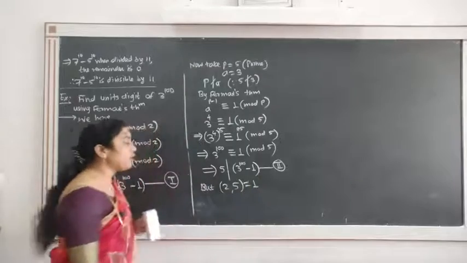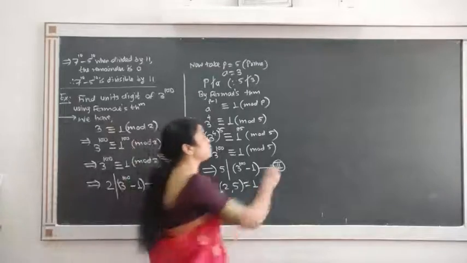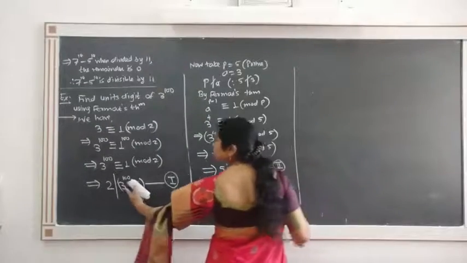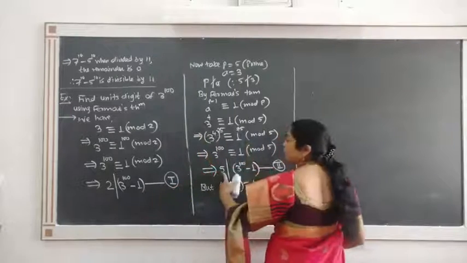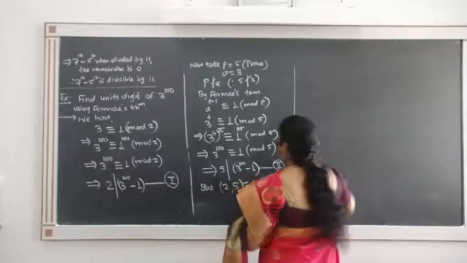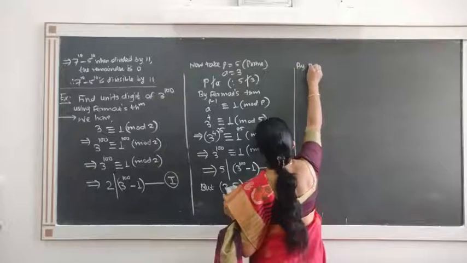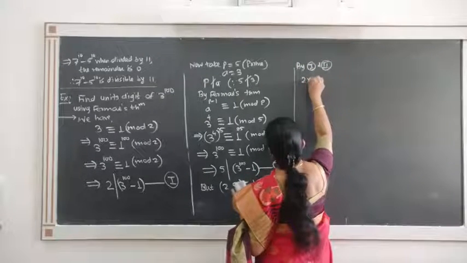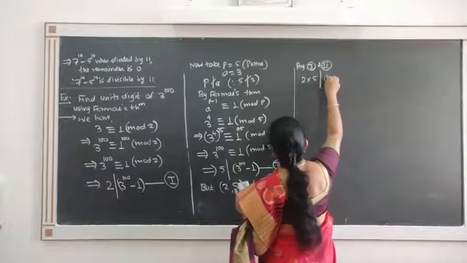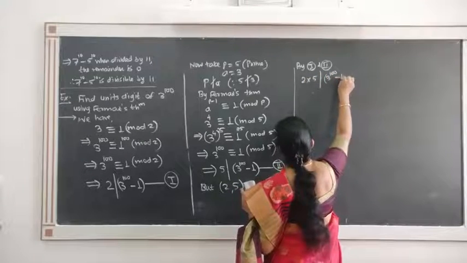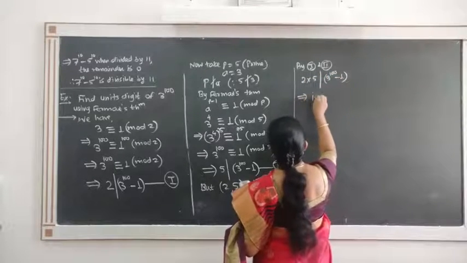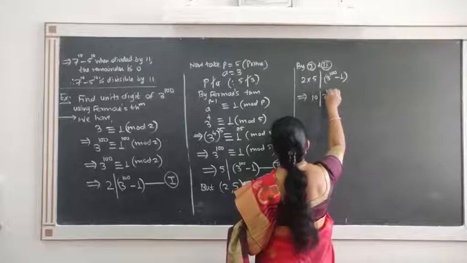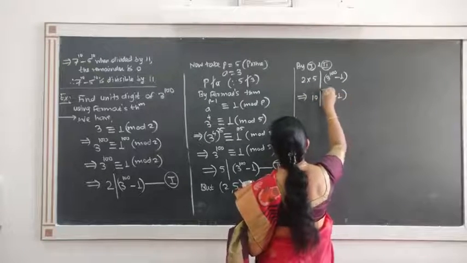Now the GCD of 2 and 5 is 1, because 2 and 5 are relatively prime. And 2 divides 3 raised to 100 minus 1, 5 divides 3 raised to 100 minus 1. So by 1 and 2 we have 2 into 5 also divides 3 raised to 100 minus 1, that is, 10 divides 3 raised to 100 minus 1.